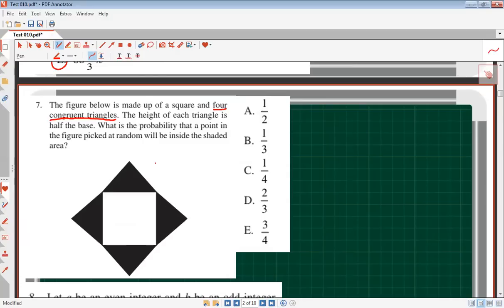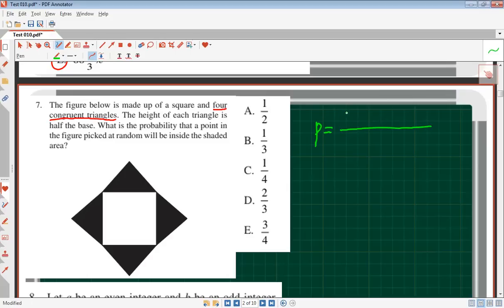What is the probability that a point in the figure picked at random will be inside a shaded area? To find the probability, we just calculate the area. This is geometric probability.